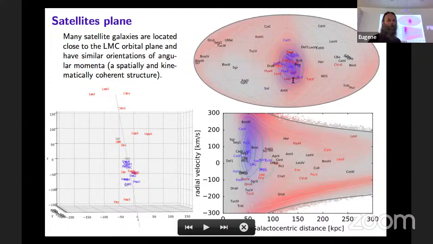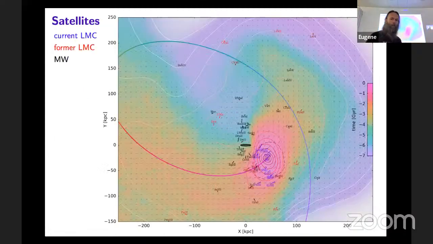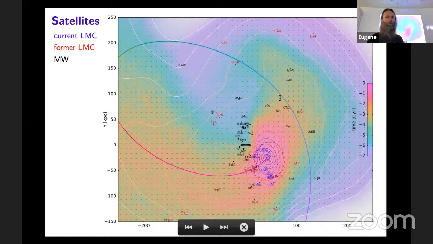So the debris stripped on the first passage would be somewhere, but they would keep coherence in the space of angular momentum. So the scenario of the second passage, here again illustrating this in the orbital plane of the LMC, the contours show the density of the LMC debris, and the colors again indicate the probability of membership. The redder, the greater the probability that the galaxy came with the LMC system.